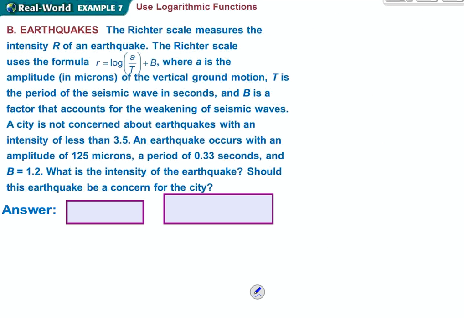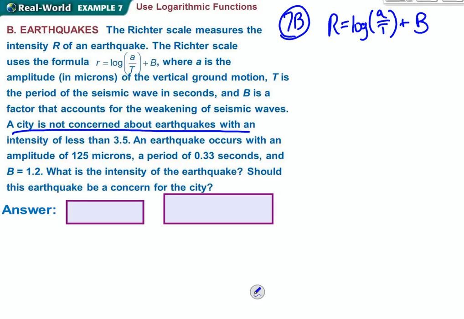For 7b, a similar problem that we're looking at. So I'll just write that Richter scale formula. R equals the log of A over capital T plus capital B. And for this one, it gives us some information, and it says a city is not concerned about all earthquakes with an intensity of less than 3.5.